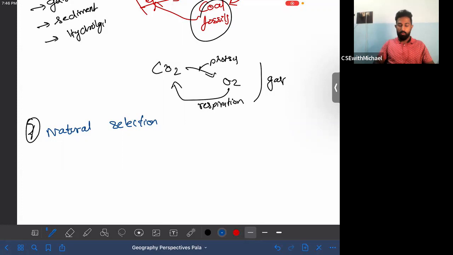Some of the main principles involved are: one, heritable variations are present in individual species. Variations which can be passed from one generation to the other are present in individual species.